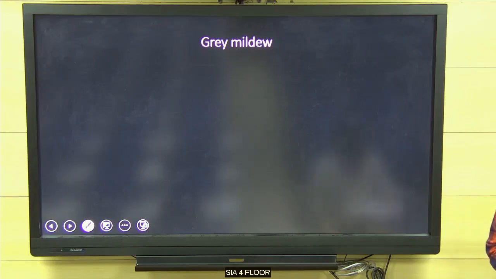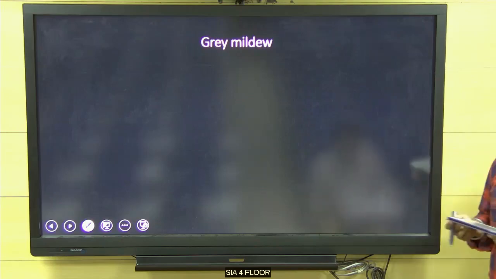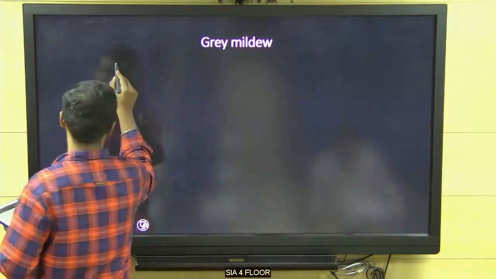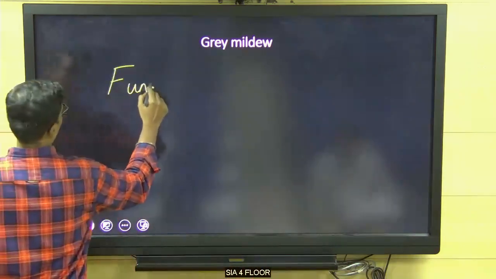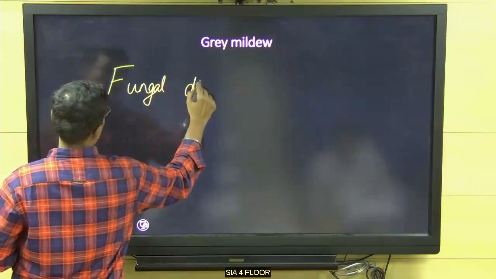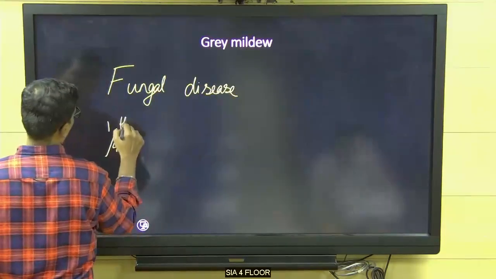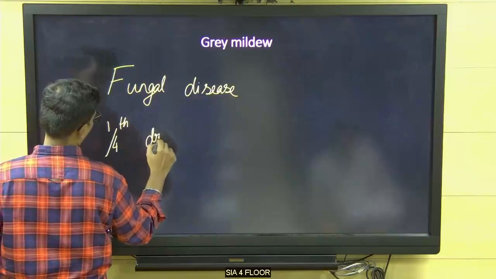It's a fungus that affects cotton. We are talking about diseases in plants. So other than pink bollworm and armyworm, recently grey mildew, it's a fungal disease. And a 1/4 drop in productivity.